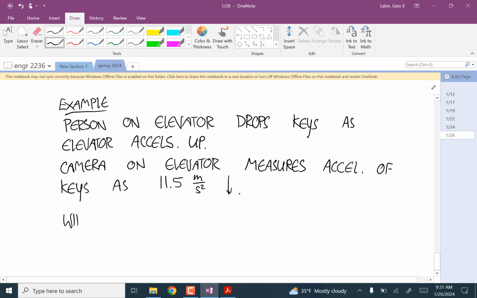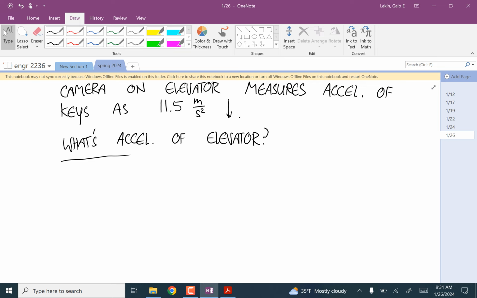The question is, what's the acceleration of the elevator? Okay. Well, let's choose a coordinate system. We can just do this in XY coordinates. So let's think of X as horizontal, Y is up.